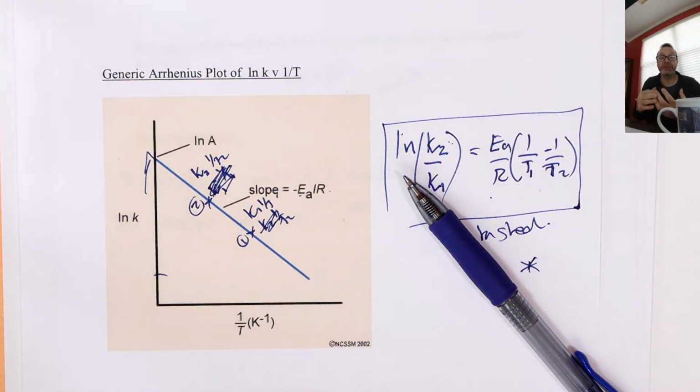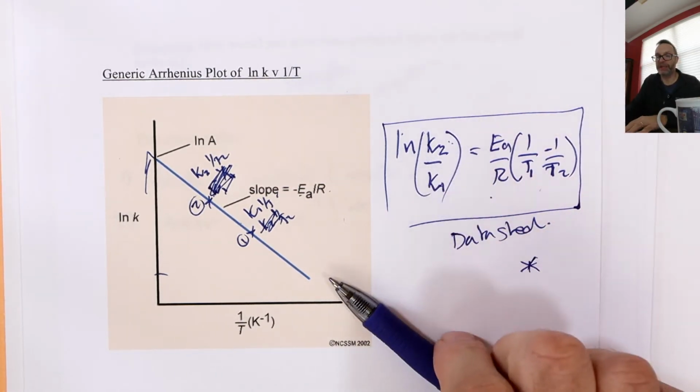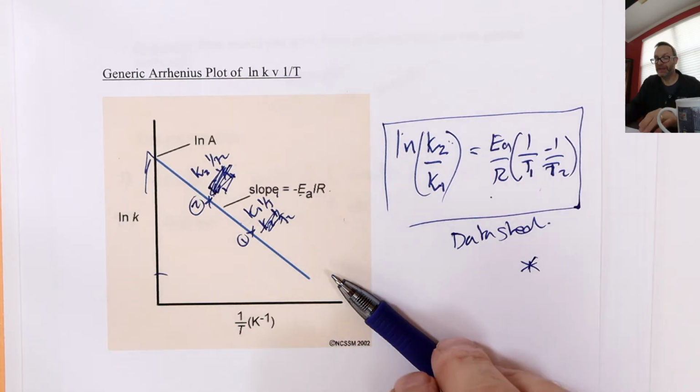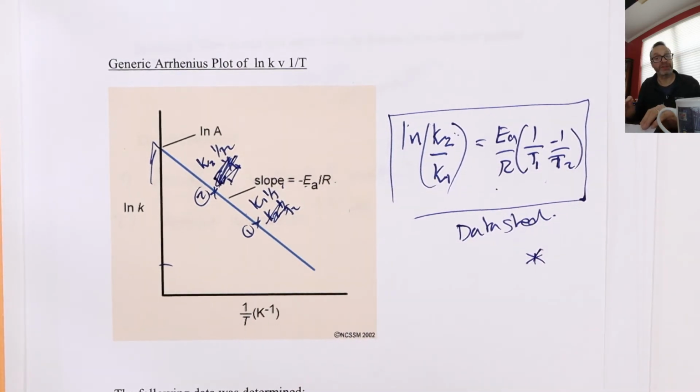So K2 should always be bigger than K1, because when we divide out, it gives us a number bigger than 1, not a fraction. And because K2 and T2 are coupled variables, K at that temperature, T2 needs to be bigger than T1, okay? So in each case, 2 needs to be bigger.